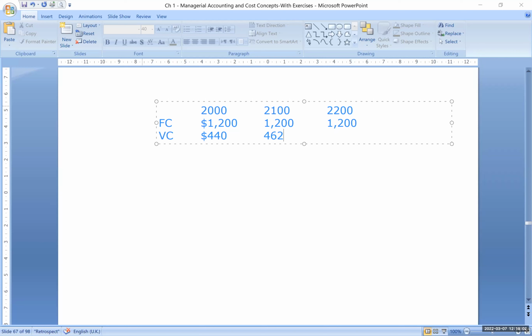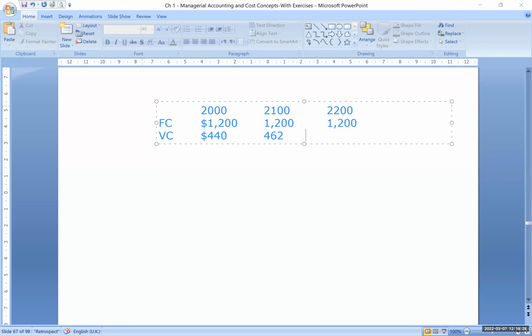Again, remember that the 0.22 is constant because it was per unit. So 22 cents is a variable cost per 1 cup, and this will be constant per cup. 0.22 multiplied by 2,000 is equal to 440. 0.22 multiplied by 2,100 equals 462.